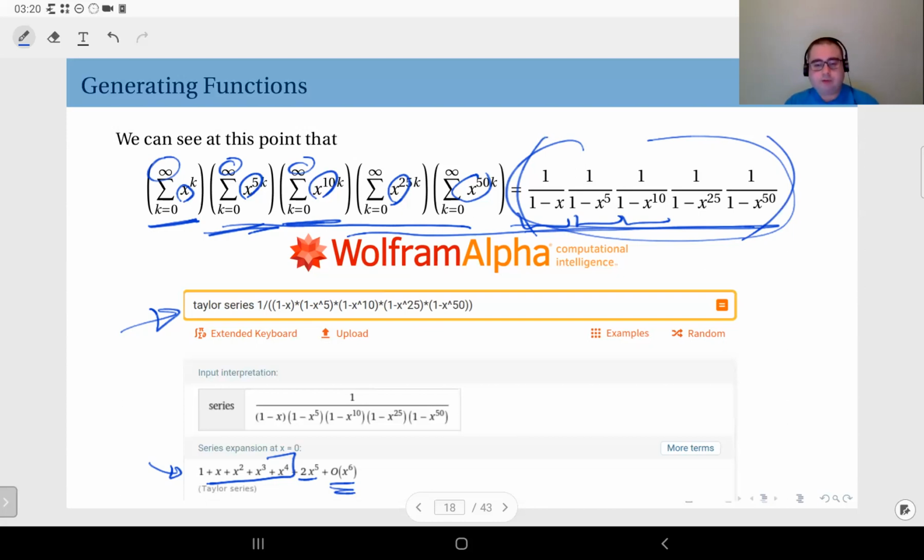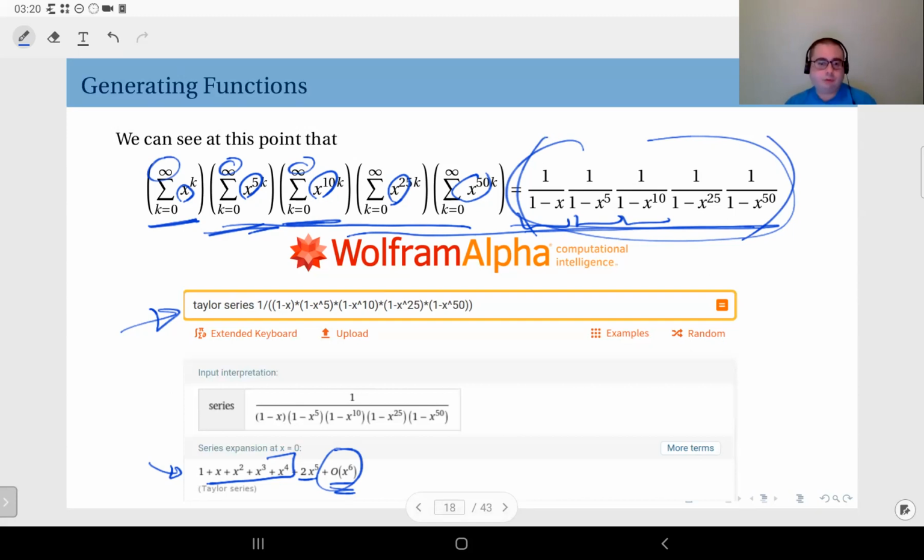So what Wolfram Alpha does is it computes a few terms that have small powers, and the rest it just gives you as a big O notation because they become insignificant as x gets closer to 0. But as you all know, the value of the generating function is irrelevant here.